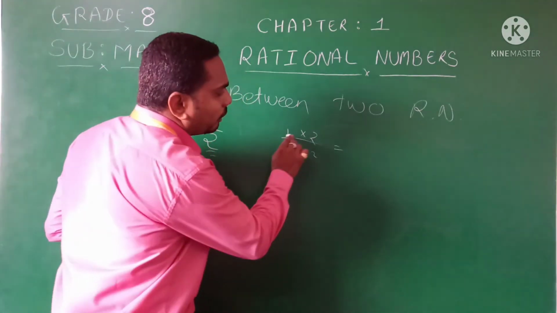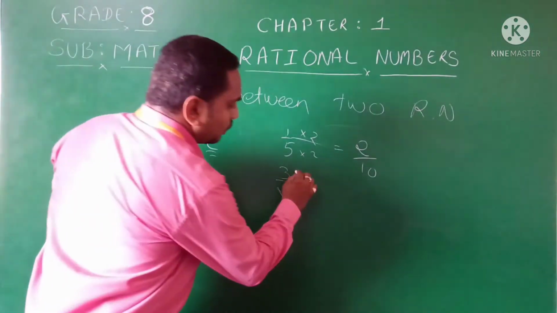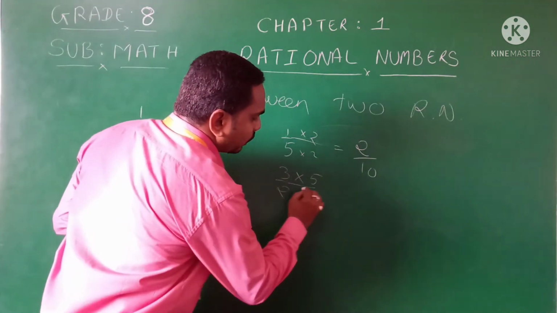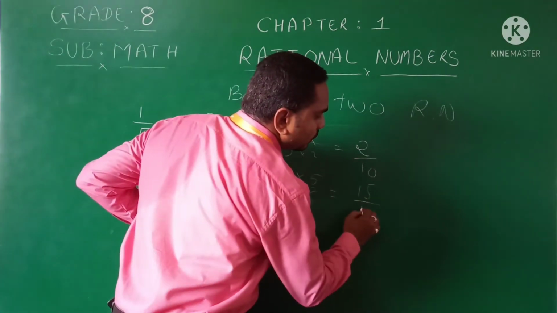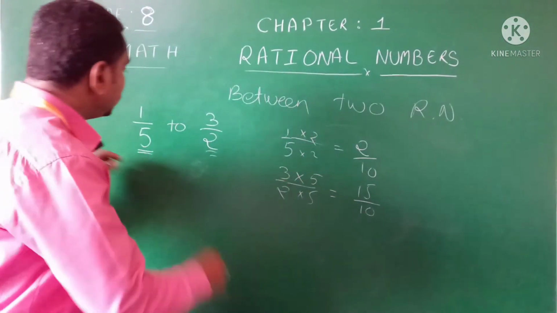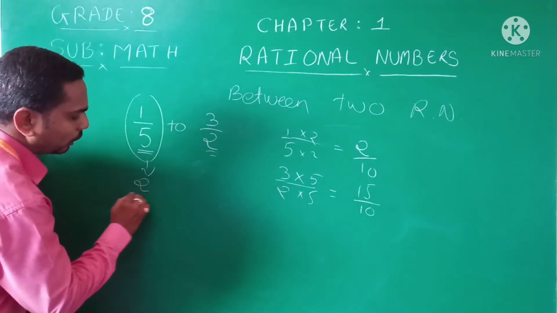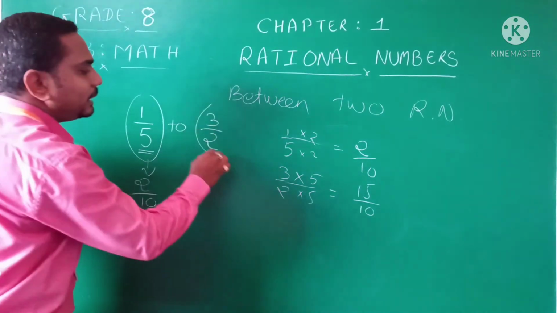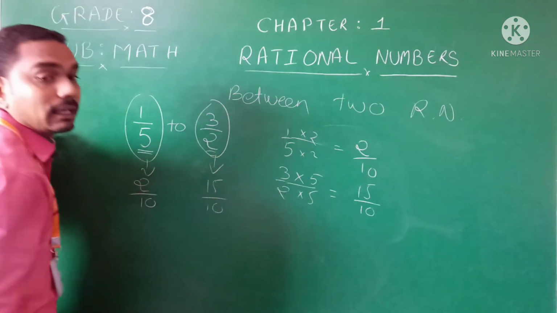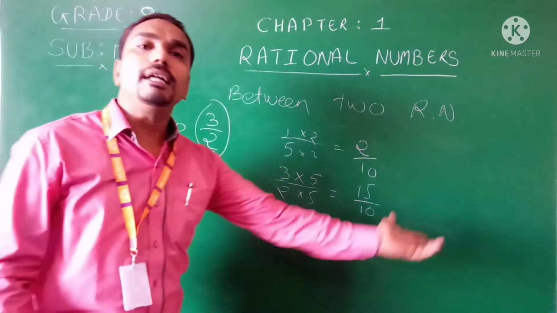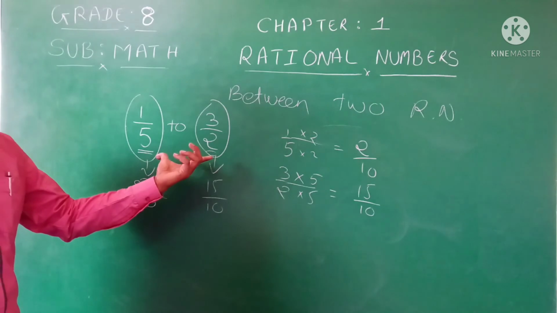The answer would be 1 2s are 2 upon 10. Here we will multiply by 5, so the answer would be 15 upon 10. So now 1 upon 5 has become 2 upon 10, and 3 upon 2 has become 15 upon 10.